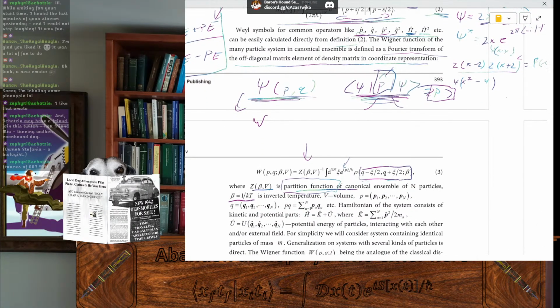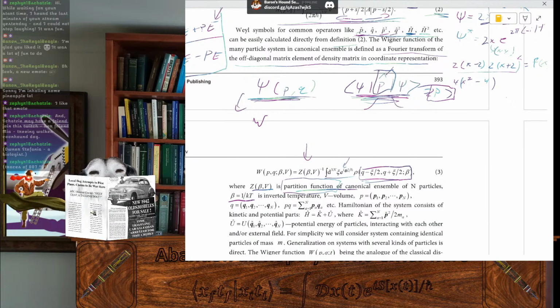Exactly the same format. This is the Weyl space, Weyl function, Weyl distribution, whatever format that you'll see all the time. And of course, we're just integrating because it's a transformation. We're integrating over this dummy variable eta.